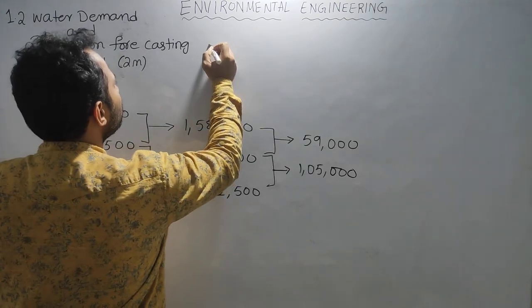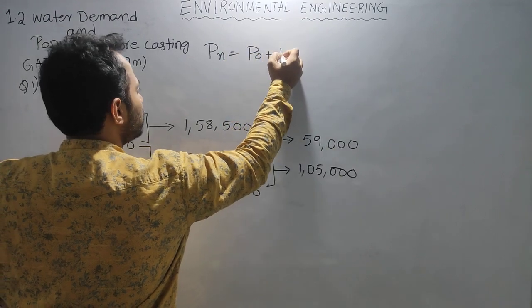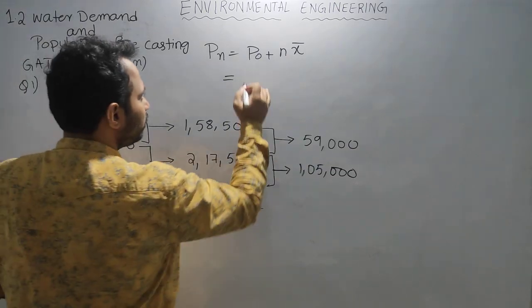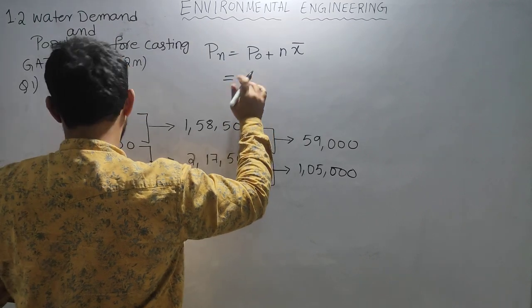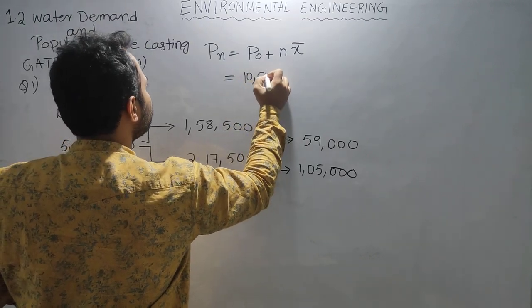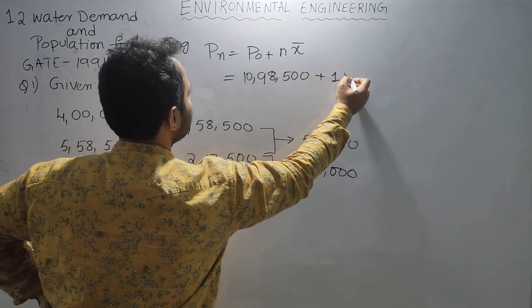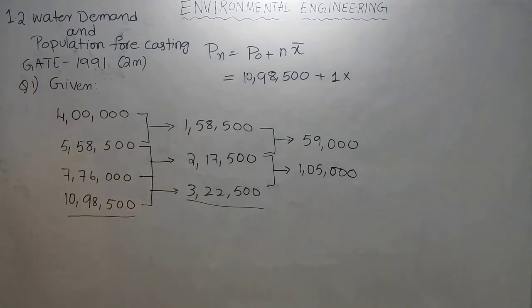In the arithmetic method, Pn is equal to P naught plus n into x bar. The latest known population is 10,98,500, and the next decade is n equal to 1. x bar is the average of these three increases, so the average value will be 232,833.